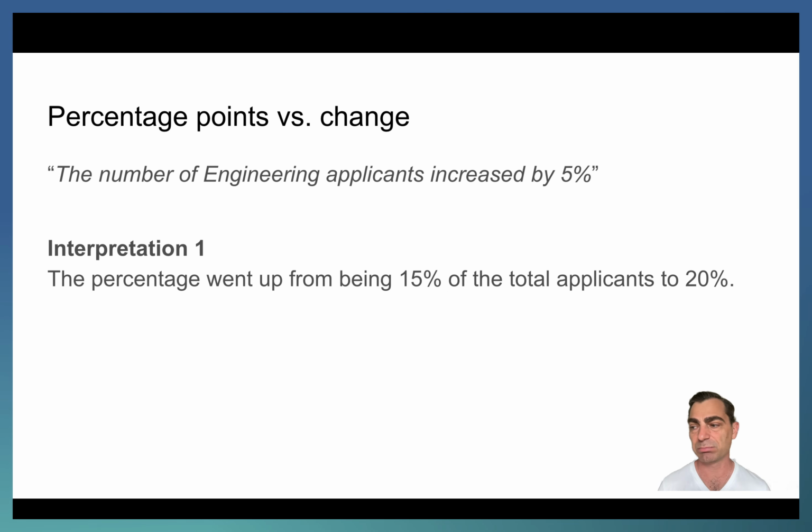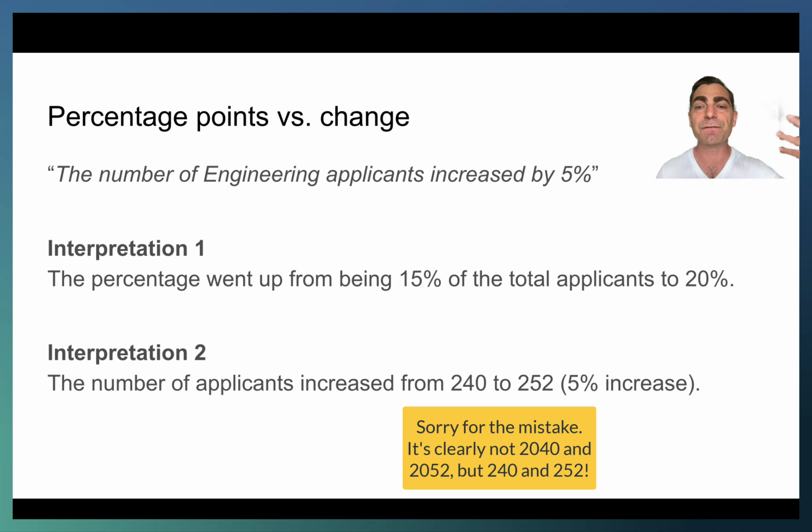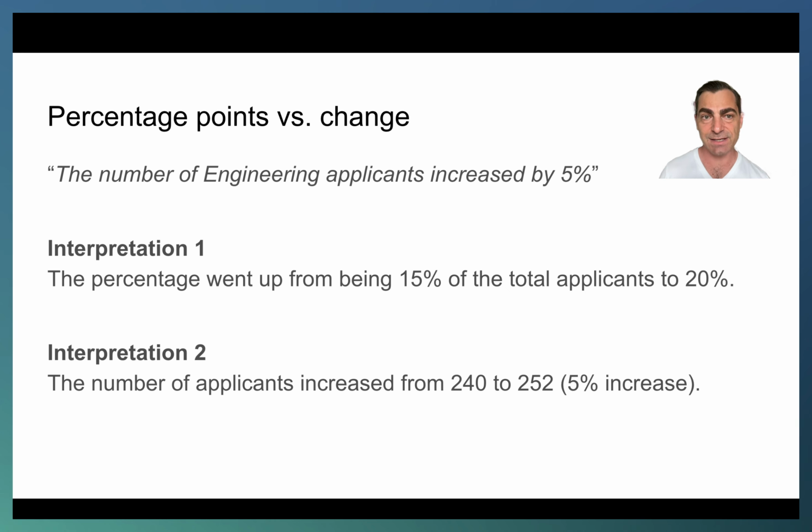That's a legitimate interpretation. But it can also be that the number of applicants increased from 240, just a number, to 252, which represents a 5% increase. 252 is a 5% increase compared to 240. So as you can see, it's exactly the same sentence, but completely different interpretations.